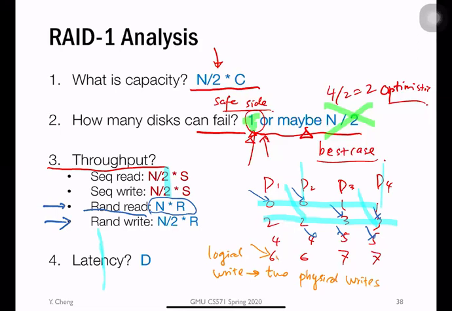If you want to update this 6, you have to update this 6 as well on disk 2. So that is why you need to consider this factor of 2. So that is why it's n divided by 2 times r, where r is the random throughput that could be sustained by a single disk. Okay?